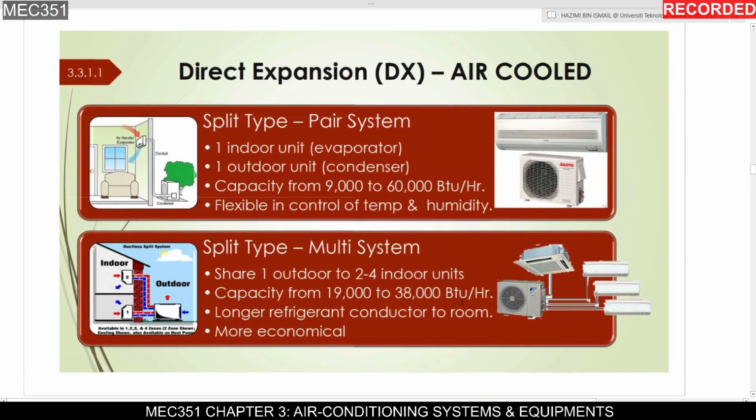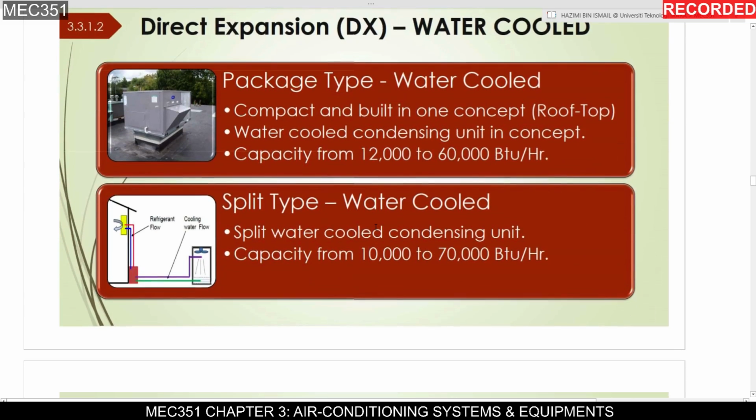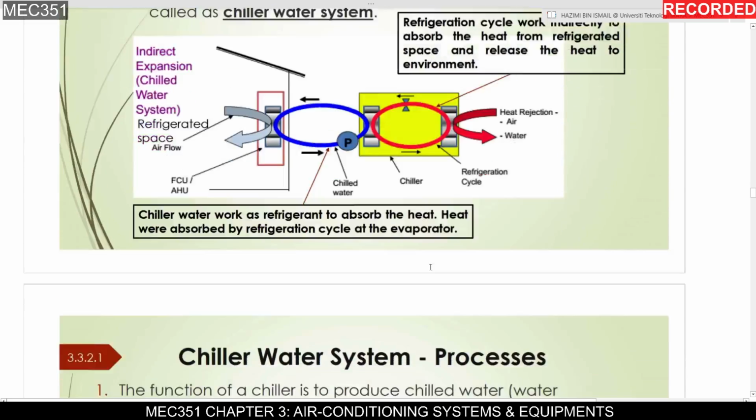Compared to the similar split types, where we just use the copper tube here, maybe no more than 15 feet or no more than 5 meters. But if the distance between the condenser and the indoor unit is very far, possibly the split type with water cool is better.